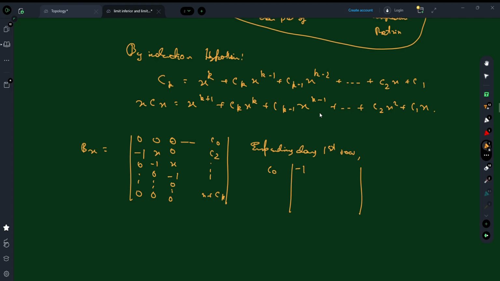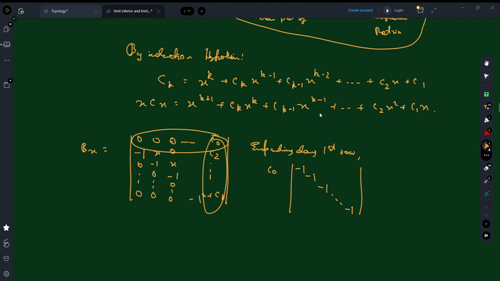So it's -1, -1, -1, and so on. It will go on like this till you have -1 here, because this column vanishes and this row vanishes. So you will start with -1, and you will end with -1 here.